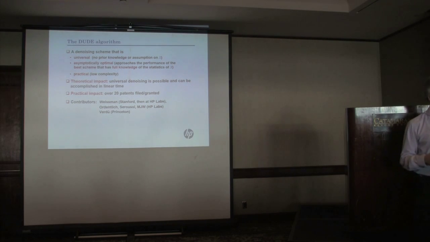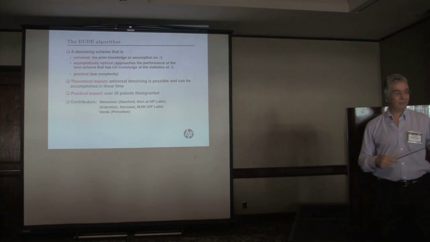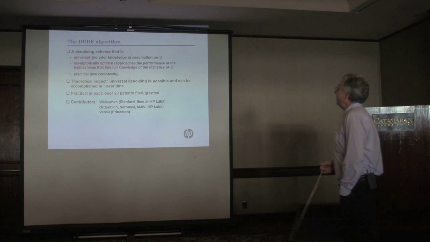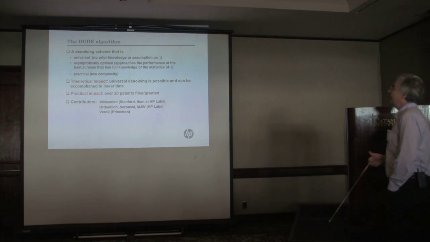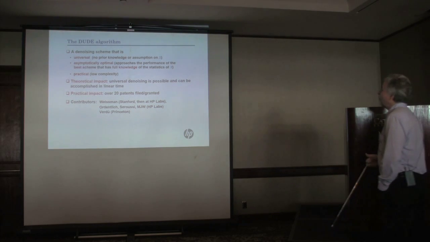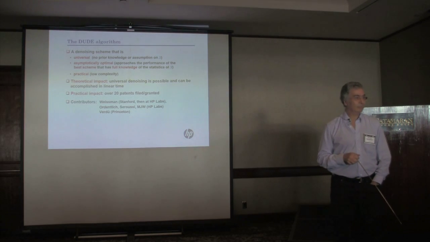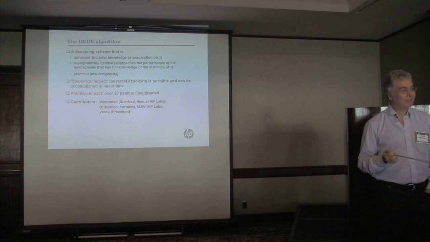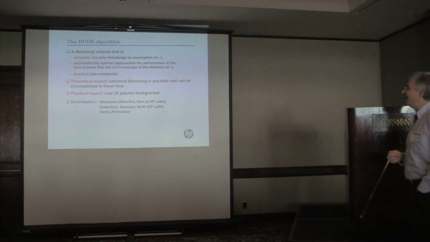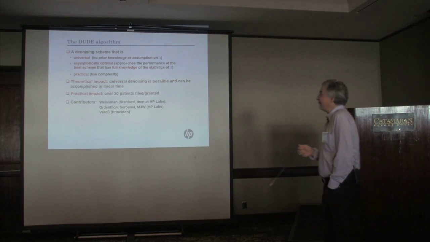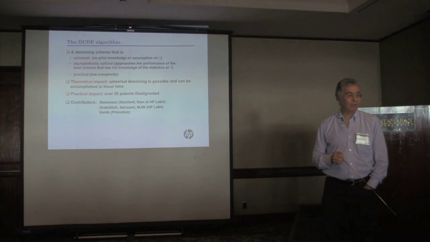You don't even assume that there is a data generating mechanism. It is asymptotically optimal in the sense that it approaches the performance of the best scheme that has full knowledge of the statistics of the data, again in the same sense that you define optimality in data compression. And it's practical in the sense that we can do it with very low complexity.